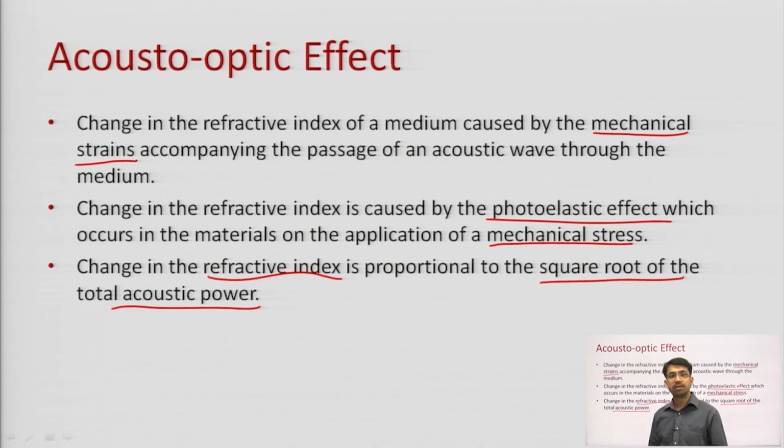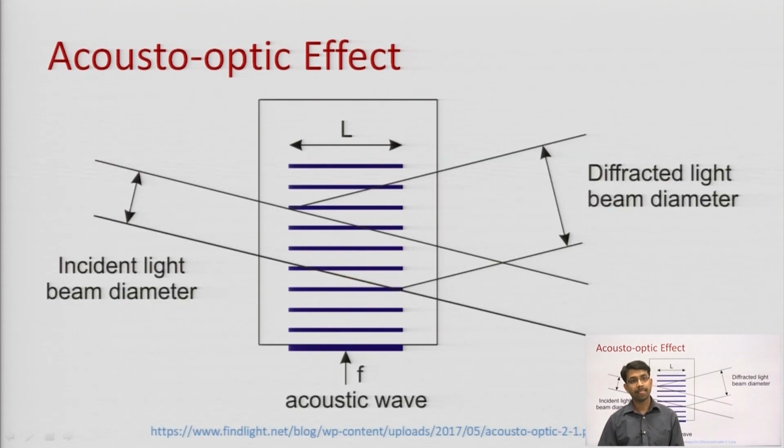So, the change in the refractive index of the optically active material is proportional to the square root of this mechanical power, the total acoustic power. So, again through this we can superimpose any acoustic signal on any optical wavefront, as shown in this figure.